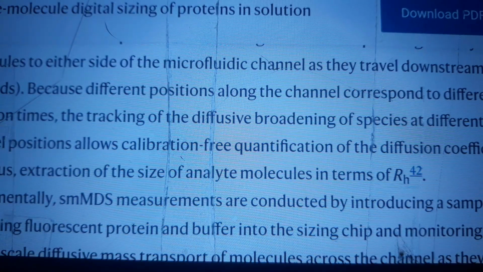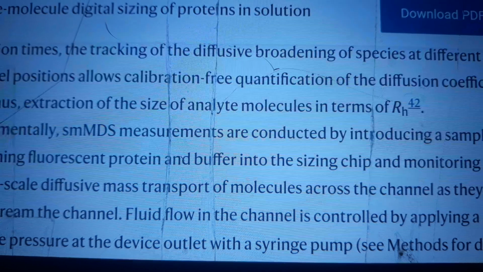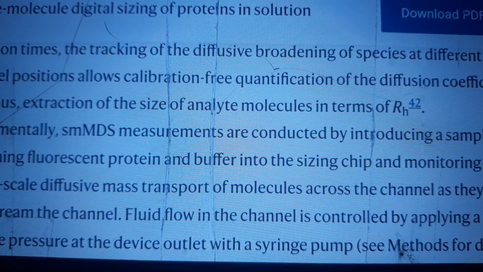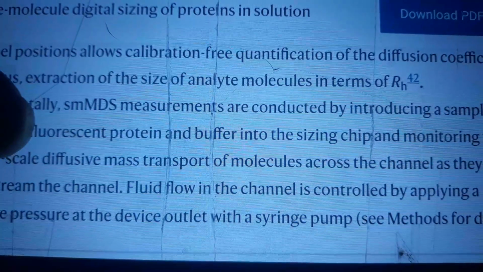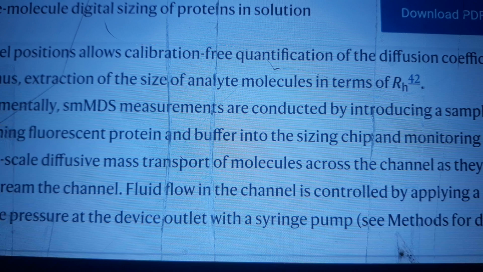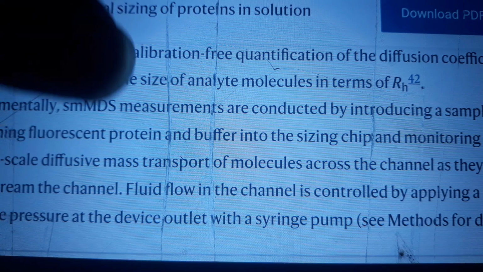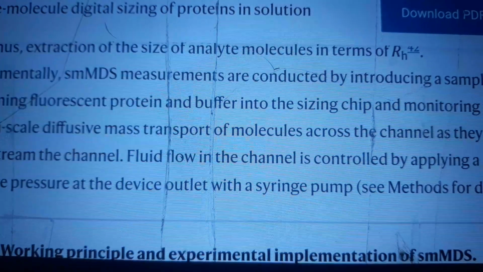Because different positions along the channel correspond to different diffusion times, the tracking of the diffusive broadening of species at different channel positions allows calibration-free quantification of the diffusion coefficient, D, and thus extraction of the size of analyte molecules in terms of RH.